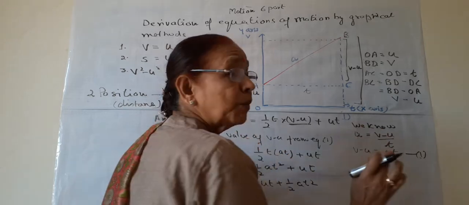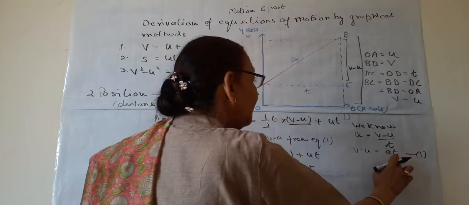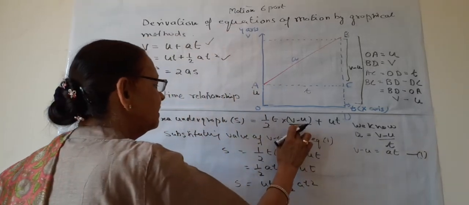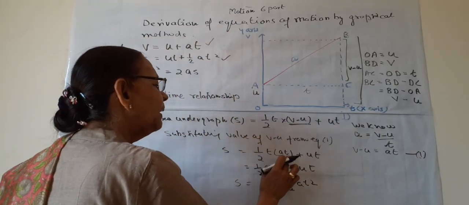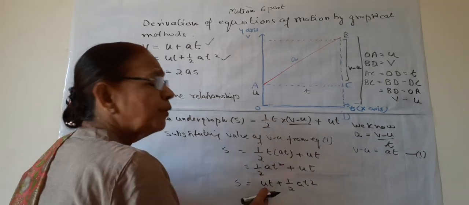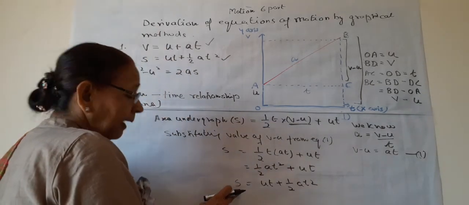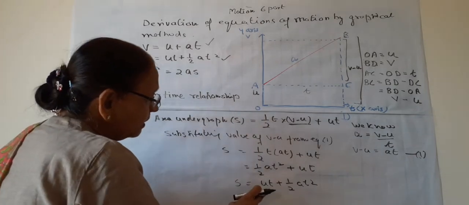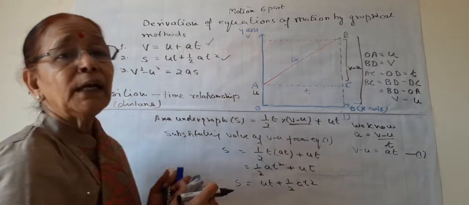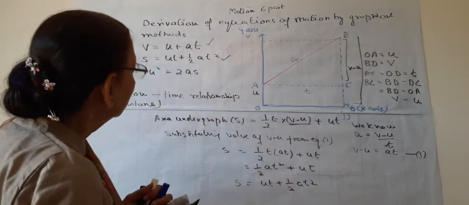By this formula of acceleration, A is V minus U upon T, so V minus U will be AT. Putting this value in the equation, we get half T AT plus UT. Rearranging, you write UT first and AT square afterwards, one and the same thing, and we get S, the distance covered by the body, as UT plus half AT square. So the second equation is also derived by the same velocity time graph.